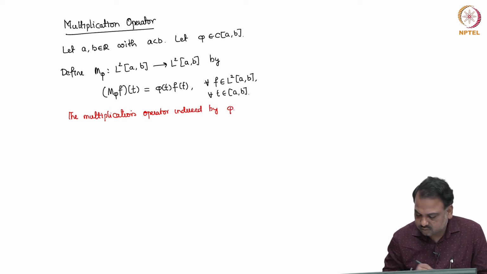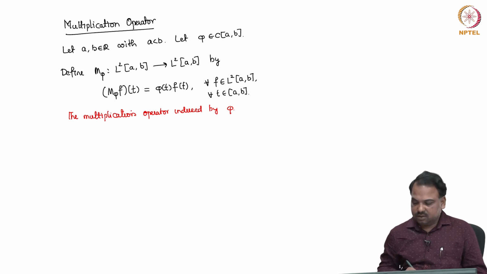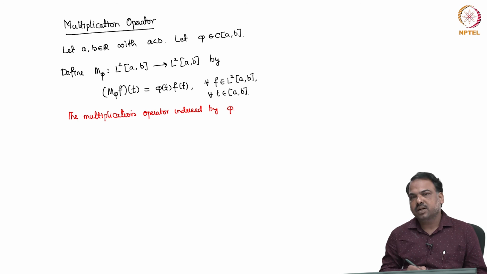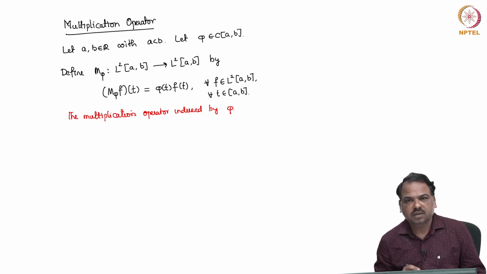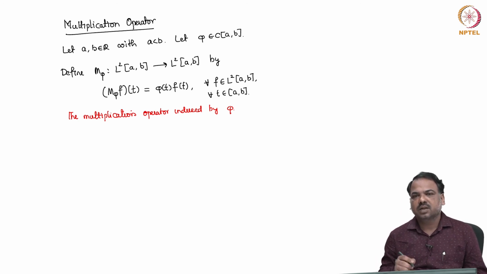induced by phi. If you look at the earlier example, the infinite by infinite matrix whose diagonal entries are lambda 1, lambda 2, lambda 3, and so on, we have shown that the norm of the corresponding operator is exactly the supremum of mod lambda n, where n is in the natural numbers.